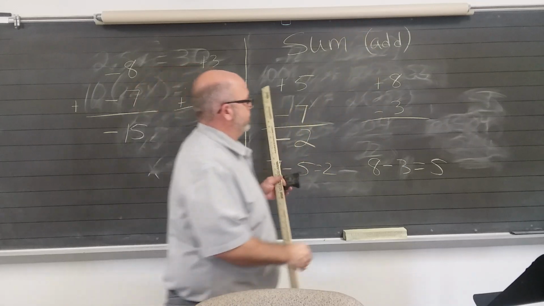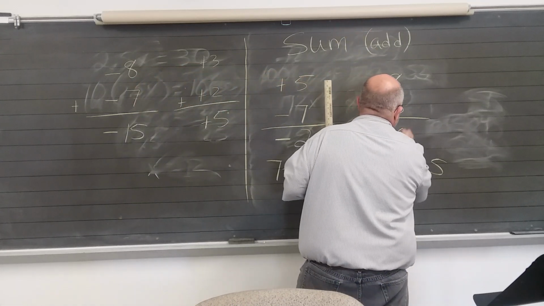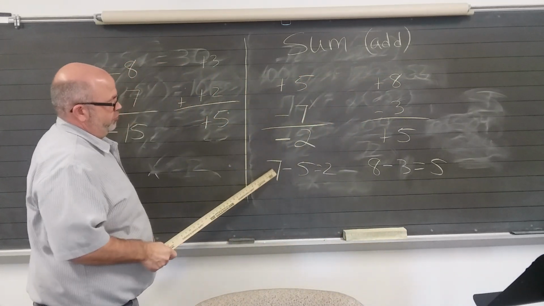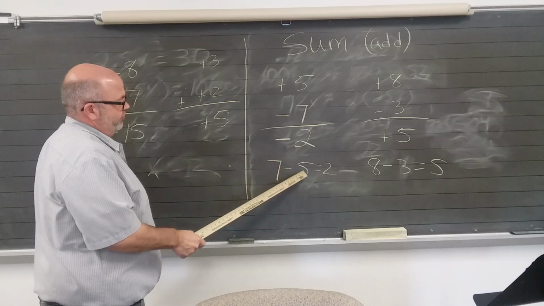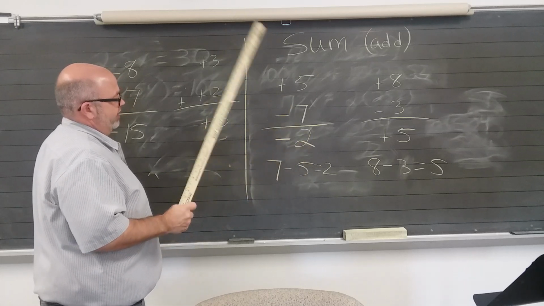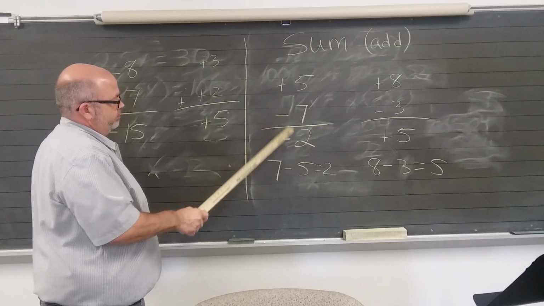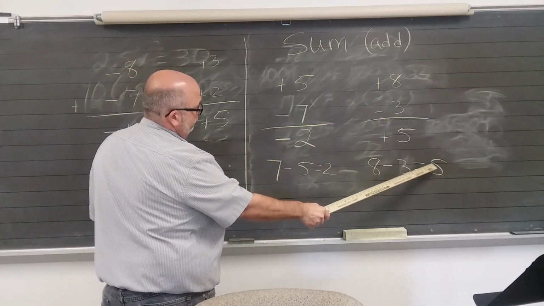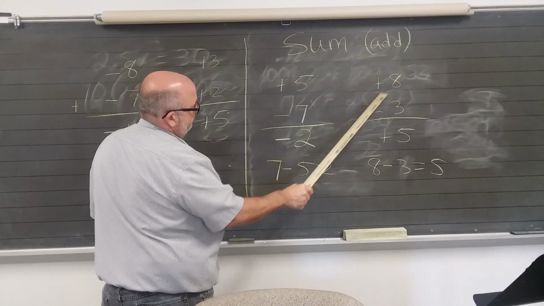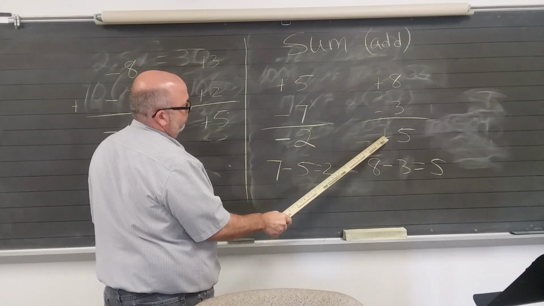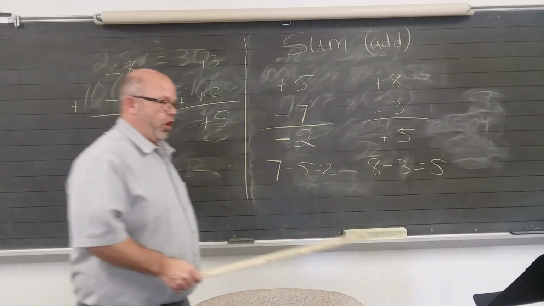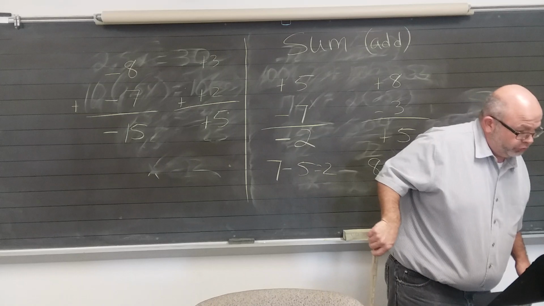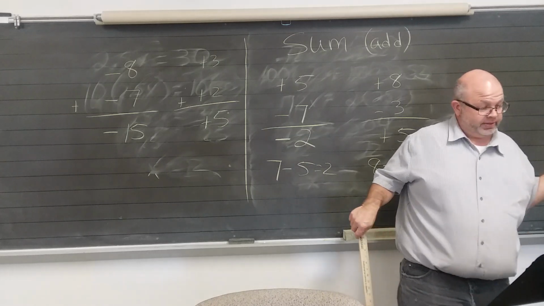So you have positive 5. If your signs are different, subtract the absolute value, 7 minus 5, put the sign of the largest absolute value by the answer. 8 minus 3 equals 5, largest absolute value symbol, plus 5. That is all you're doing in the odd ones from 9 through 28. Okay? That's what you're doing.